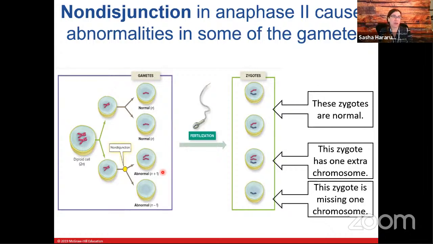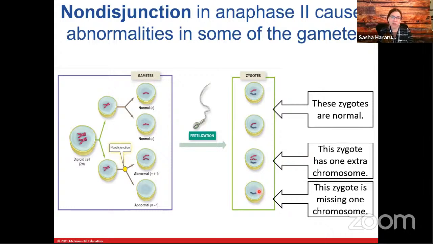Extra chromosomes tend to create defects, while missing chromosomes tend to make development impossible. Unfortunately, spontaneous abortions are fairly common among women of childbearing age, and pregnancy does not always go smoothly. Half of spontaneous abortions, half of the pregnancies that are not carried to term, are caused by a missing or extra chromosome.